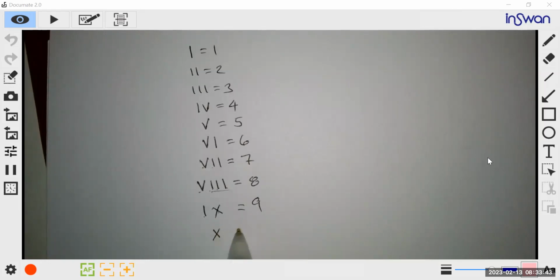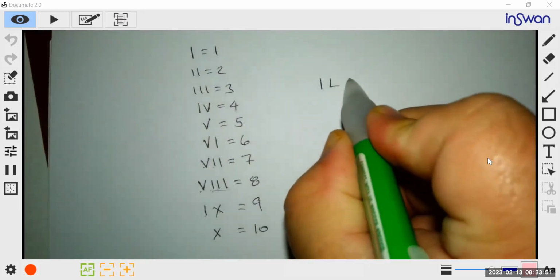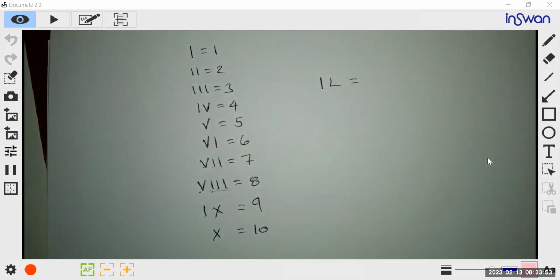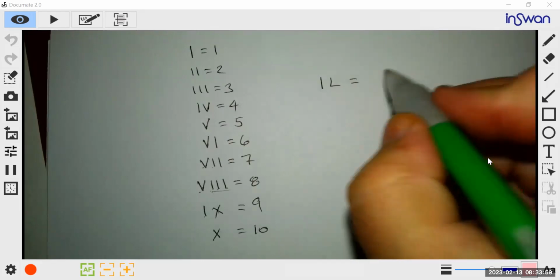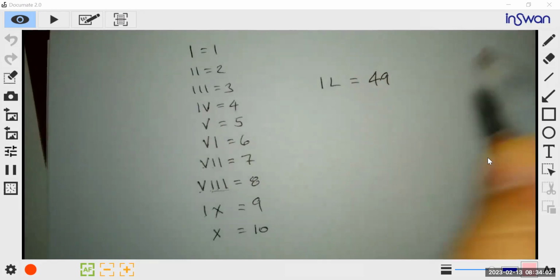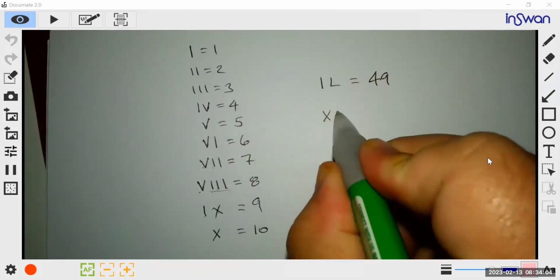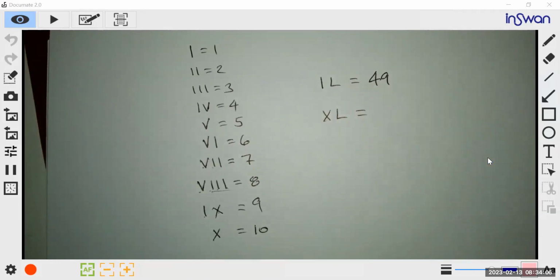And the next one is X, which is 10. What would that number be? 49. Very good. How about that number?